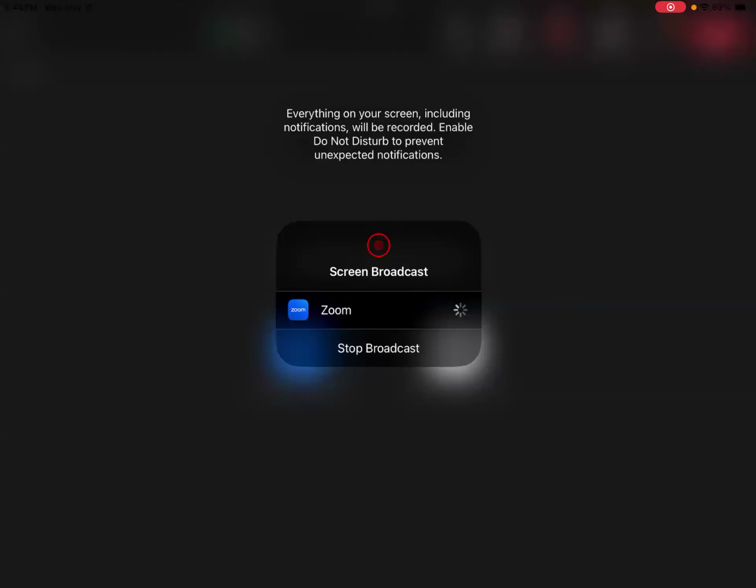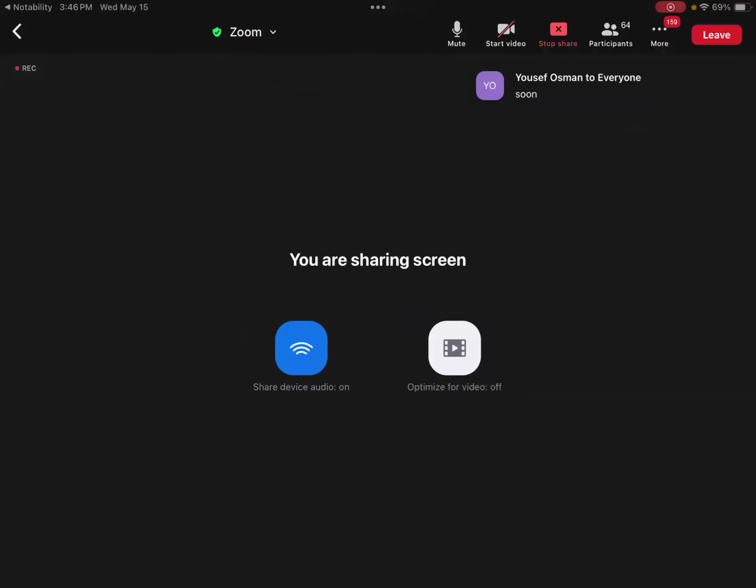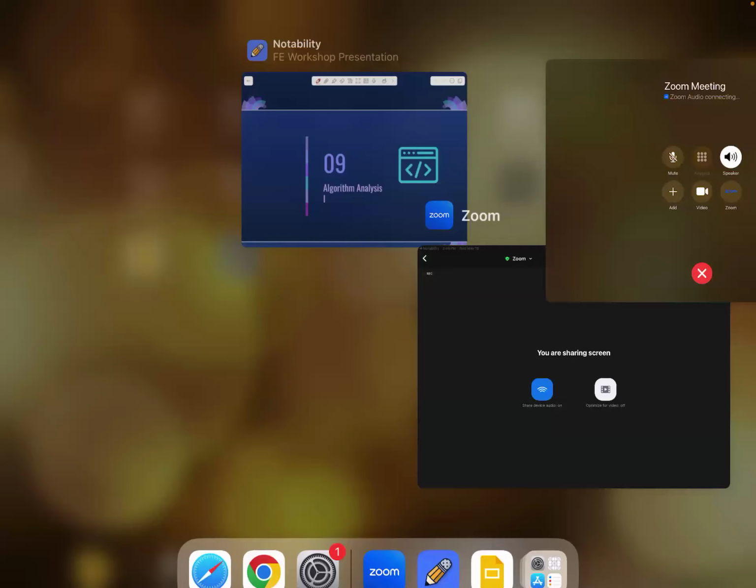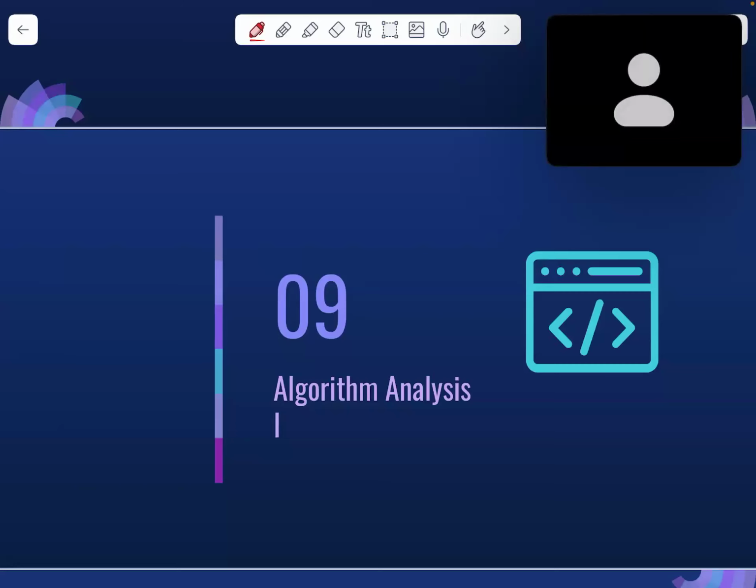Okay. Right. Share content. It's loading. All right. Can everyone see my screen? Yeah, we can see you good.